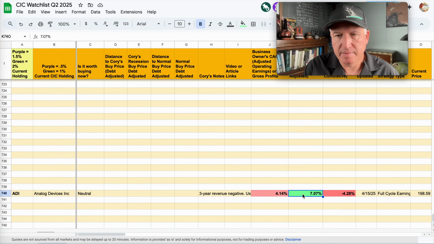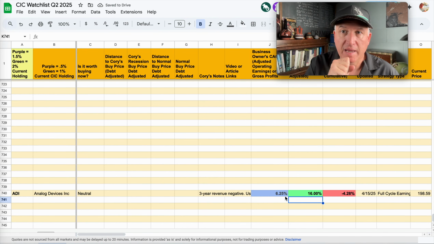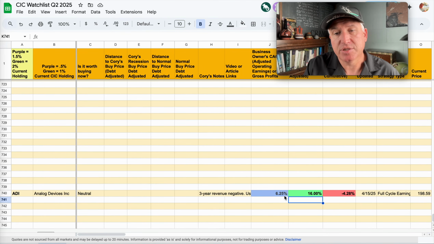Let's just see what it comes out to. Yeah, like 6.25% 10-year CAGR. That's what this is, the expectation of the earnings over 10 years, the earnings CAGR return for a business owner of the business. So that's actually not too bad relative to the market right now.